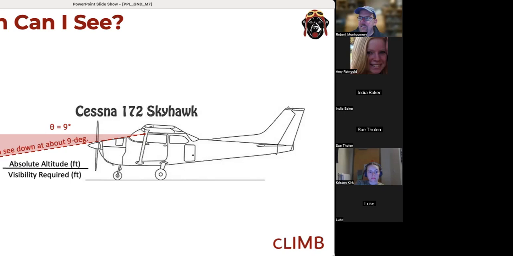Okay. What that means is for me to see ground, I have to see rather far forward, right? So if I did a sine of theta, it gives me the ratio of the absolute altitude to the visibility required if I want to be able to see ground.